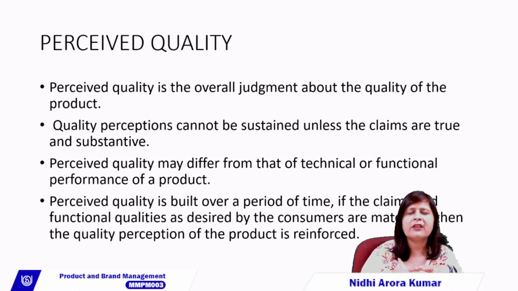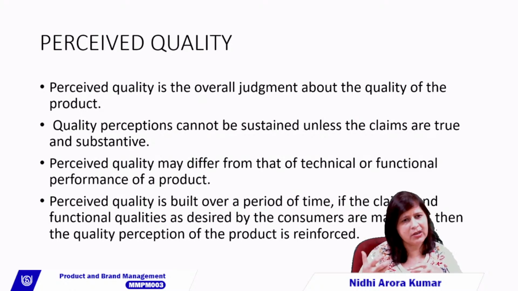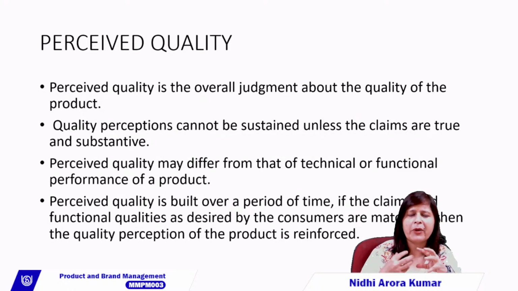If the claims and the functional quality desired by the customer are matching, then the quality perception of the product is reinforced. So another factor is the perceived quality, whether the product is actually meeting the qualities claimed by the company, and whether it is meeting the needs, wants or qualities desired by the customers.